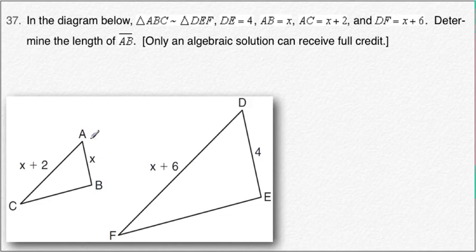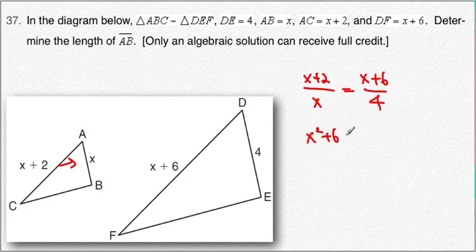AB is the value of x, but since they are similar triangles, we get to set up the ratio as x plus 2 over x. That ratio has to be equal to x plus 6 over 4. We're going to simply cross multiply. We get x squared plus 6x must be equal to 4x plus 8.